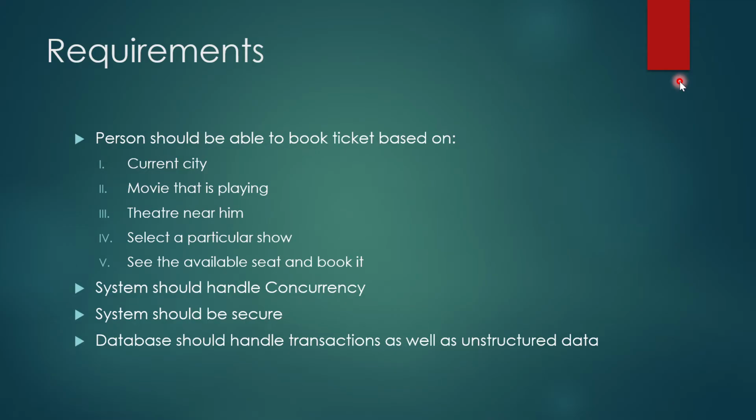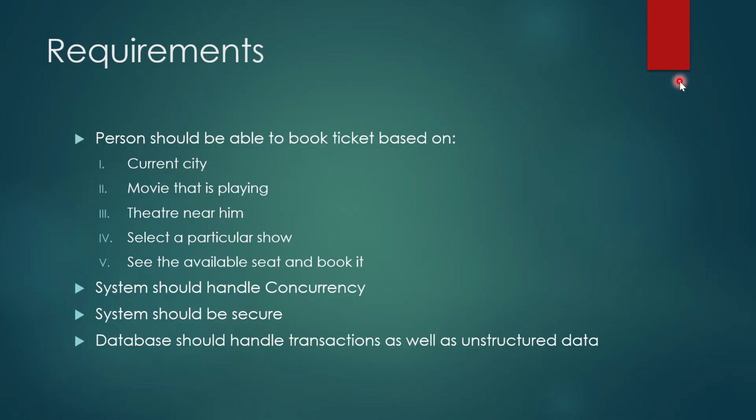The database should be able to handle both the transactional data and unstructured data, because there will be cases where you have relations between various entities, like a relation between a user, the theater, the movie, and the seats. All these can be linked to each other in a one to many kind of relationship.